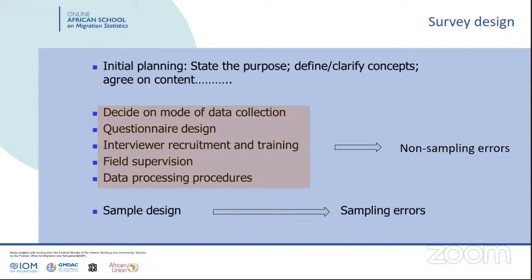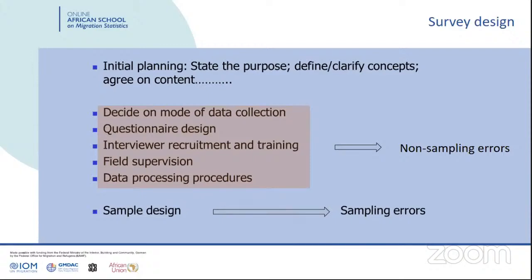We have been talking about the sample design, selecting a random sample. And when we do that, we know that we will get sampling errors.